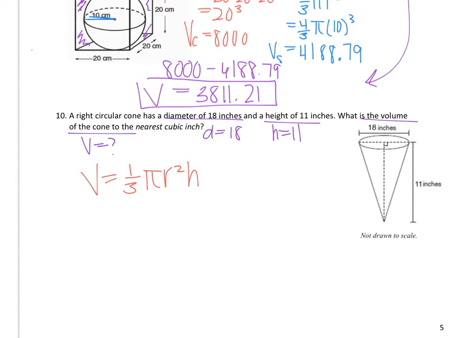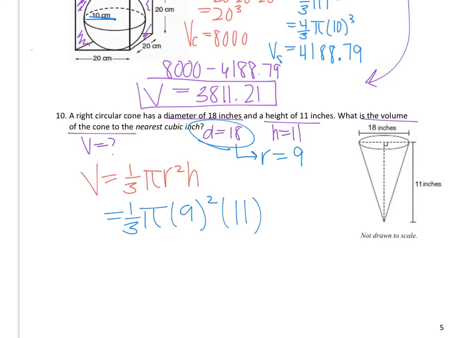Nowhere in here do I see anything about diameter. So take your diameter, cut it in half to find the radius. Radius is 9. So we have 1/3 pi times 9 squared times the height of 11. It says that we're rounding here, so we're going to type the entire thing into the calculator. 1/3 times pi times 9 squared times 11.